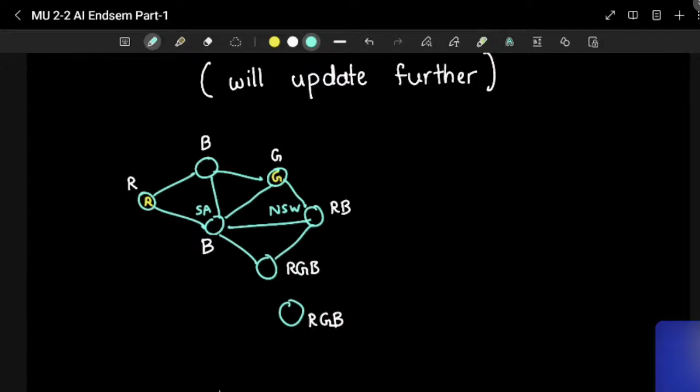So we will look at consistency between SA and NSW. So we'll have to check if SA is consistent with NSW. How do we know if SA is consistent with NSW? You will have to check for every value in the domain of SA.